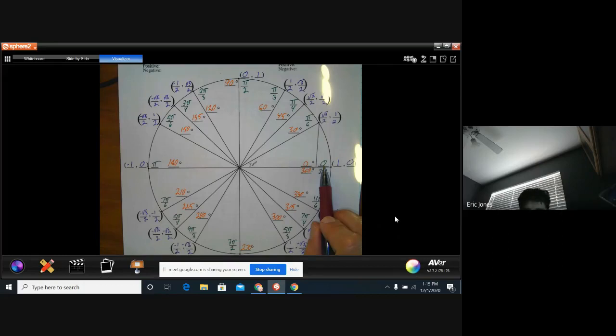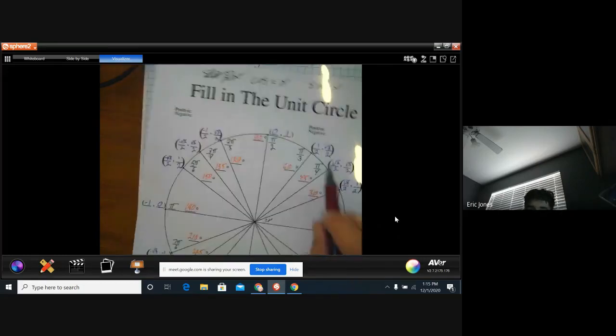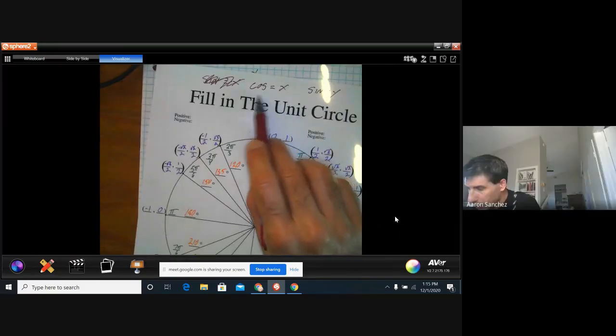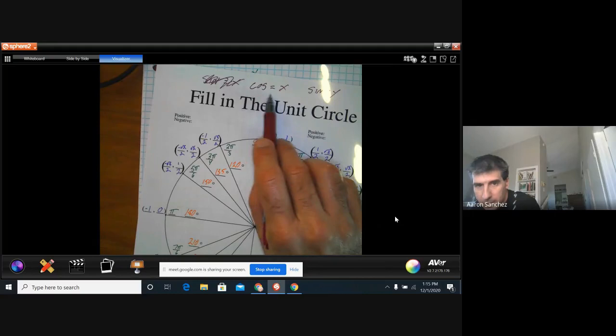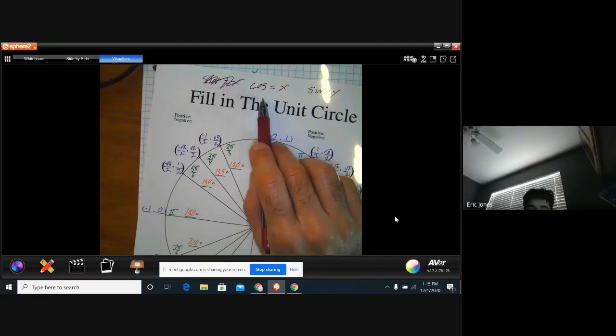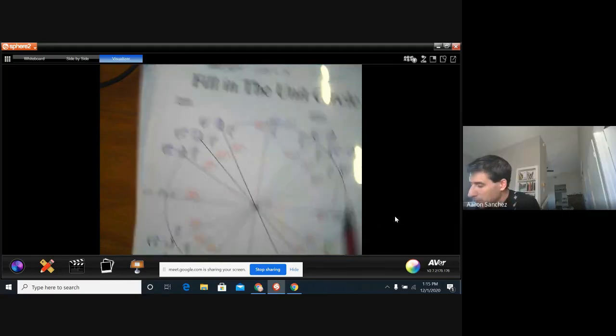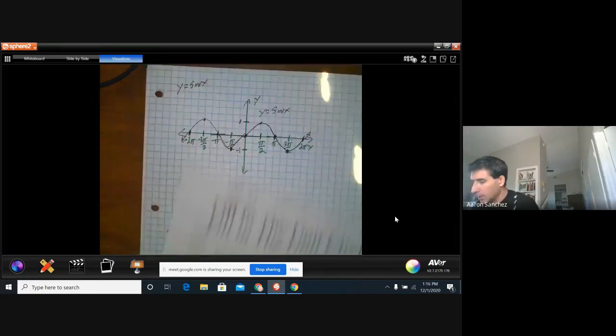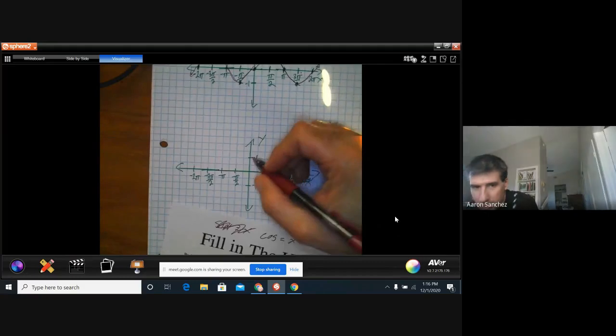You look what I'm pointing at? Is this helping or not, Eric Jones? Yeah, it equals x. Okay, great. What's cosine of 0? 1? There you go. Cosine of 0 is 1, so you got to get it here at 1.